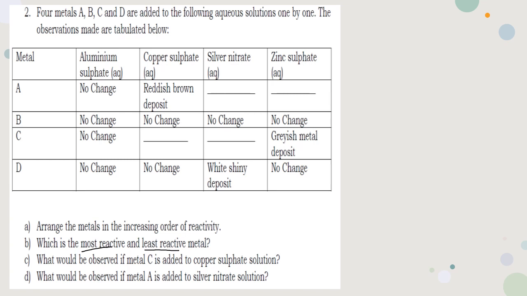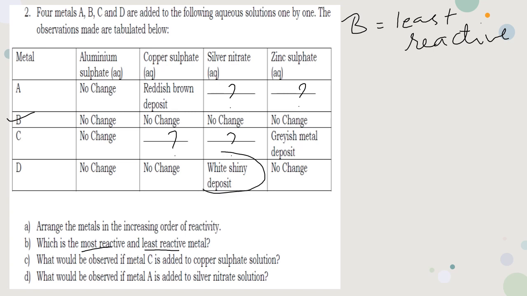So least reactive is the one which is showing no change. We can see here B is showing no change at all. So B is least reactive. Most reactive shows maximum change, but we don't know what's going on here. So D is showing change only in one solution, that is silver nitrate.